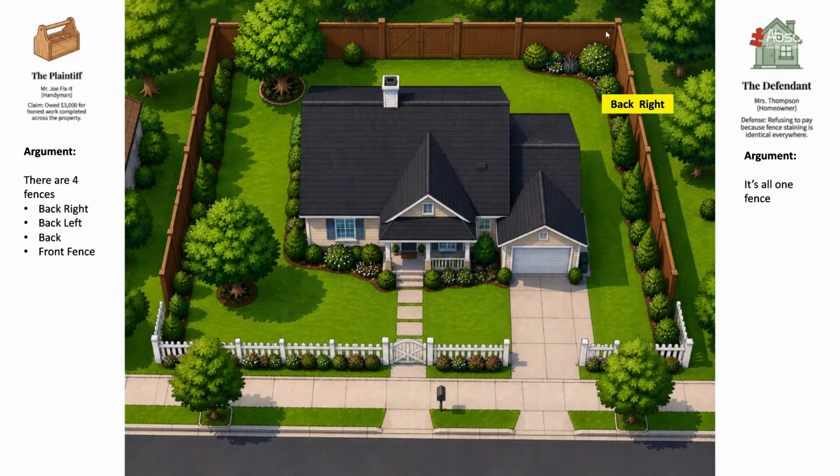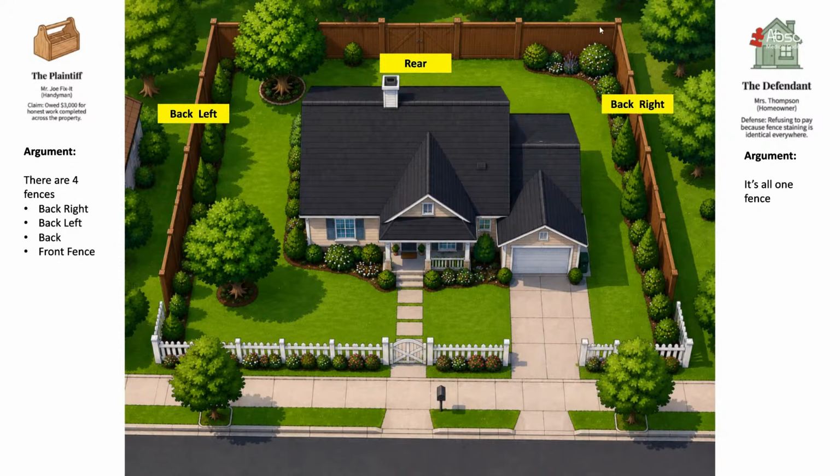In fact, this fence is in the back right part of the yard. That's the name of that fence. And the fence on the other side, directly across, is on the back left part of the yard, right?